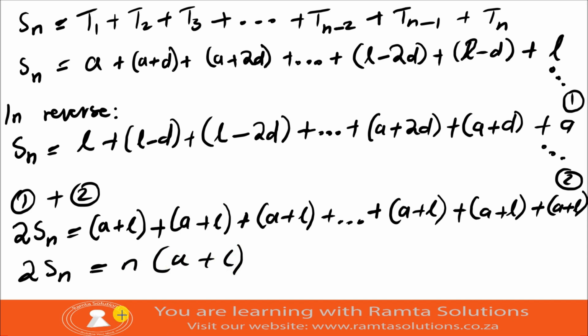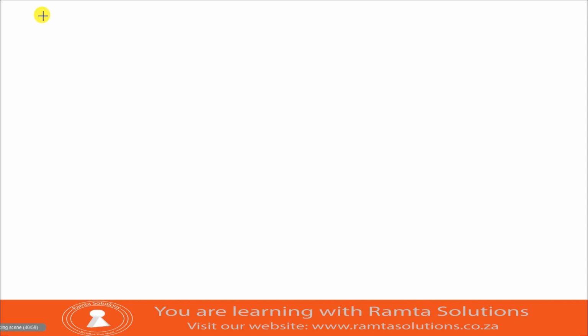Therefore, the sum of terms, when I divide by 2, is n over 2 into (a plus L).